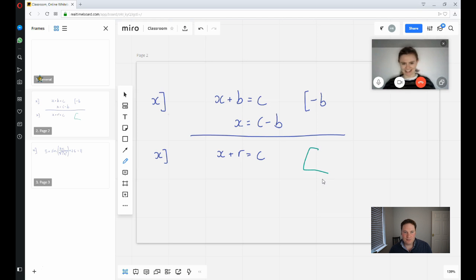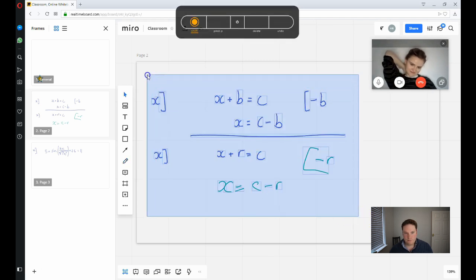Yes, it's a mixed blessing, the smart drawing. So it would be taking away the r. So you would have x equals c minus r. Yep, perfect. Awesome.